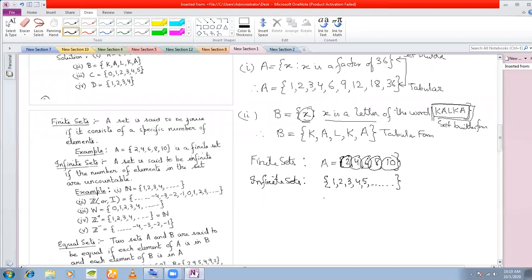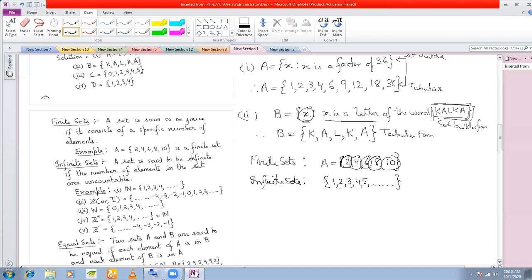Because you can think of a natural number, I can think of a bigger natural number. You won't be able to count the number of elements, because any natural number you can think of, there will be a bigger natural number than that. So such a set is called an infinite set, where you actually cannot count the number of elements.